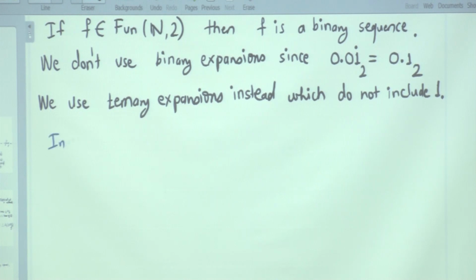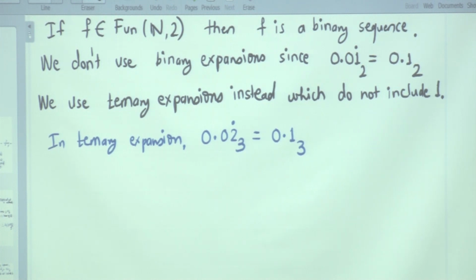In ternary expansion, what will happen to 0.02 repeating? It equals 0.1000... However, because we are blocking the use of 1, now we have an advantage. We don't have to make a choice. We are forced to use only this expansion and not that one.